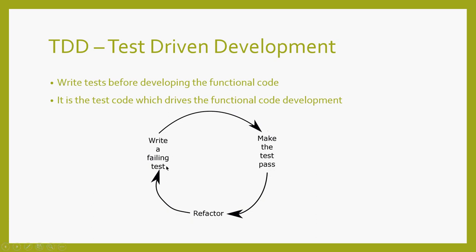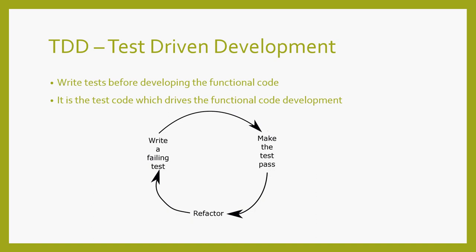Once the failing test is really seen as failing, the objective is to make the test pass by writing just enough code. You are not going to make it really polished or spend more time on writing the code, but the main objective here is to make the test pass.